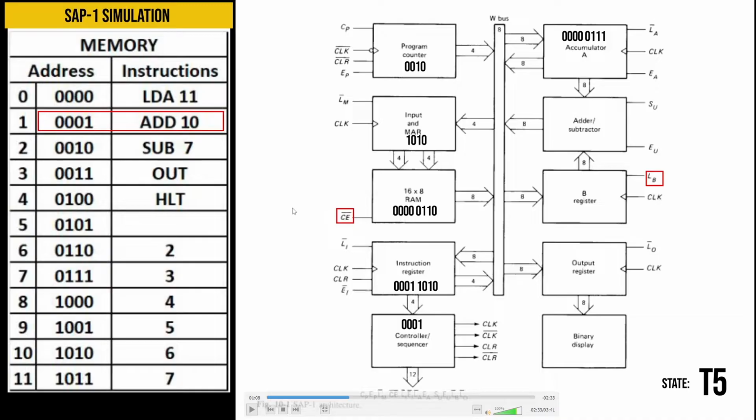And then at T5, since we have an operand here, the add 10, the activated pins will be CE from the 16 by 8 RAM into the LB or B register, load B register.